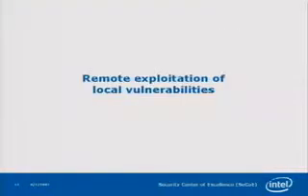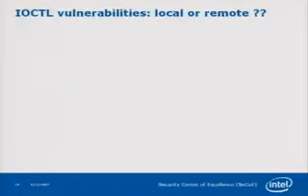All right, so we have discussed the vulnerabilities in the device IO control API which lead to local privilege escalation. It's currently believed that they lead to local exploits only. But it's not true, and I will show you why. So the next section covers remote exploitation of these IO control vulnerabilities.